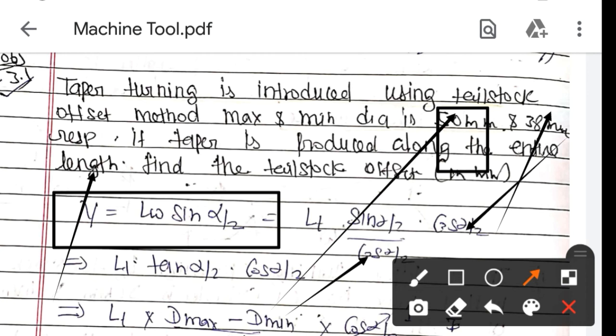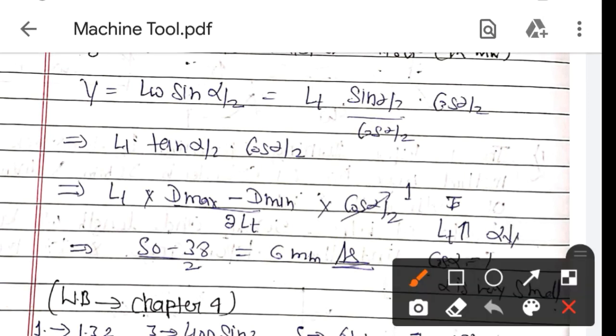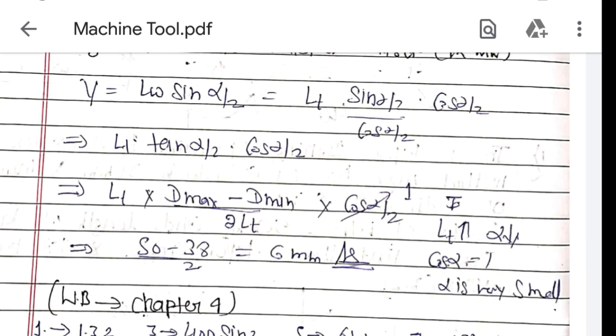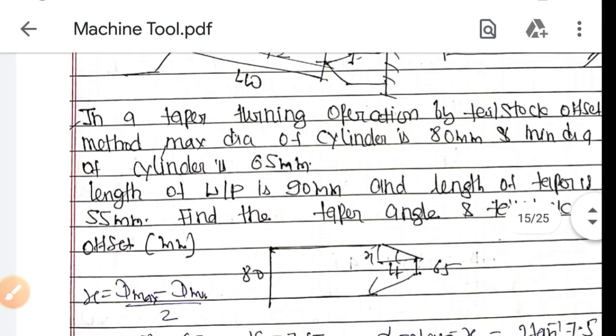So when you do this, you will be getting length of the workpiece into tan alpha by 2 into cos alpha by 2, and we know the tan alpha by 2 equation. Okay, tan alpha by 2 equation is d max minus d min divided by 2 times of the length of the taper.